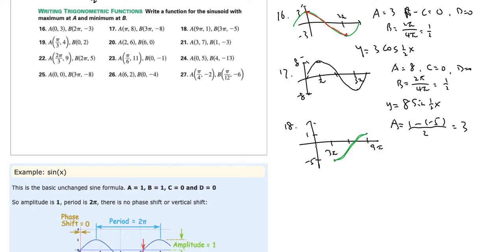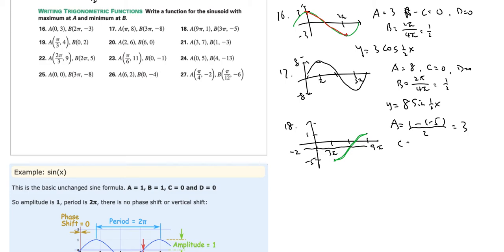Which means if you have the center line, from 1 you go down by 3. So 0, negative 1, negative 2. Sorry, my drawing. So this is negative 2, because from negative 2, you go up to 1, that gives you 3, and go down to negative 5, that gives you 3, right? Cool.